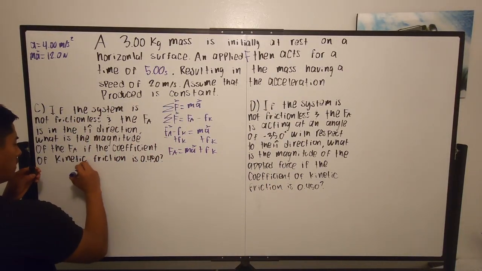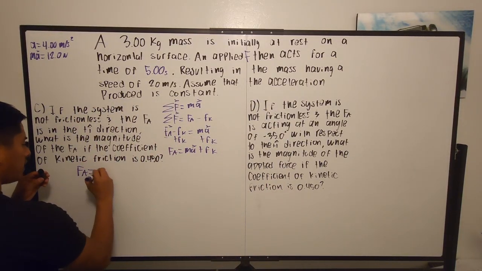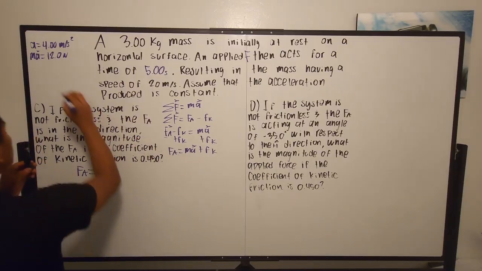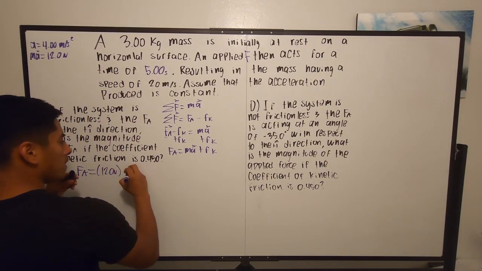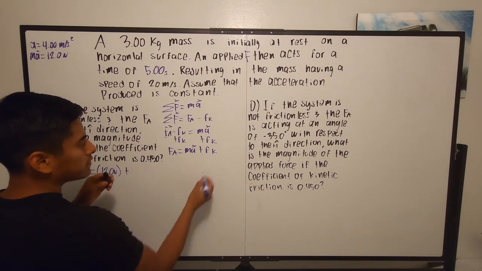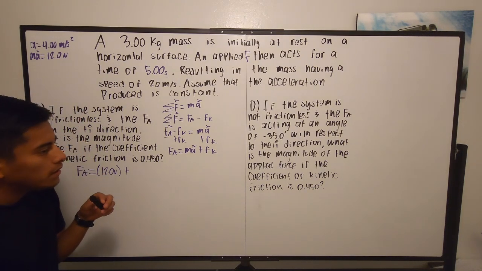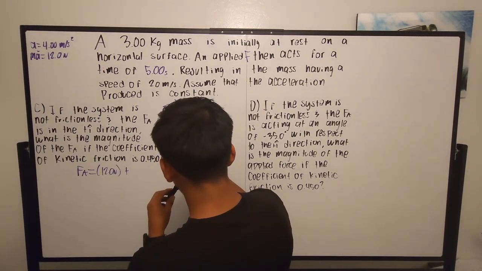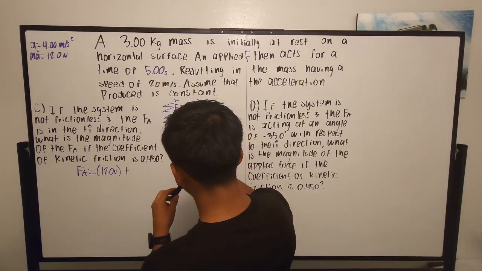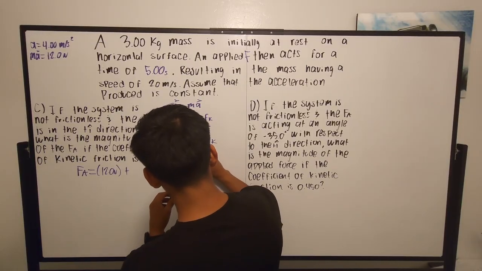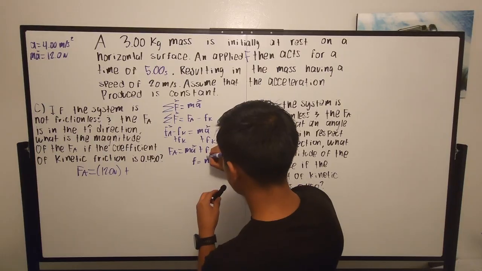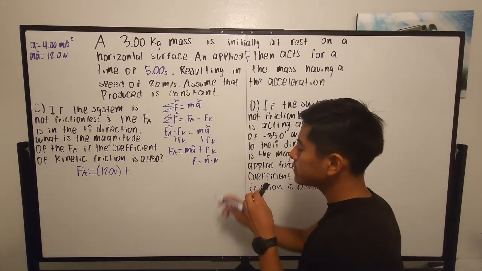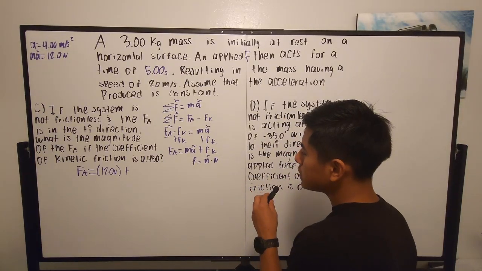So the force applied is equal to ma, which is 12 newtons, plus the force of kinetic friction. The formula for friction is F equals N times mu, which is the normal force times the coefficient of friction.